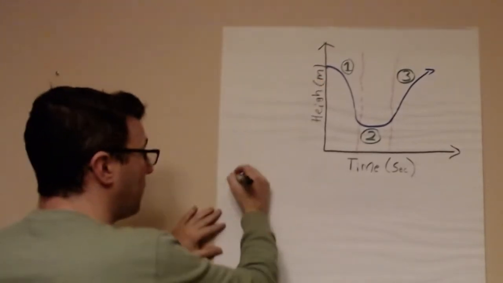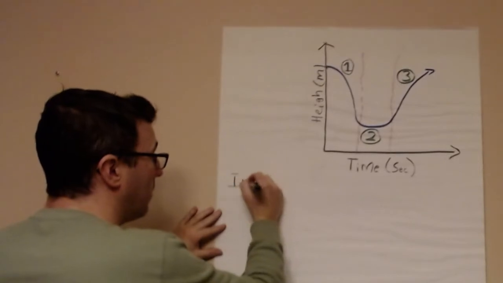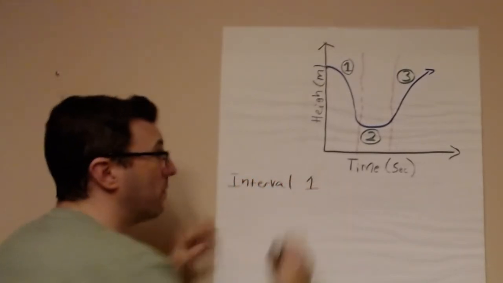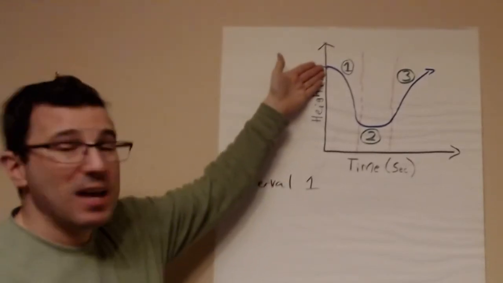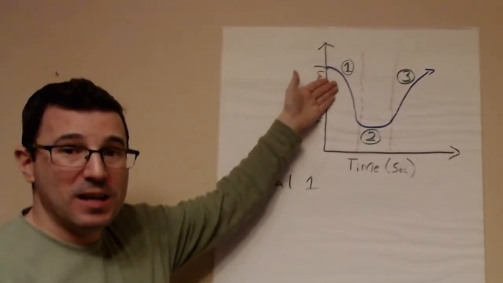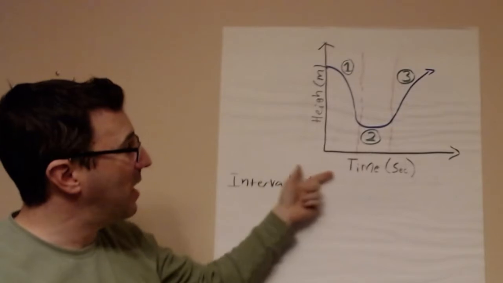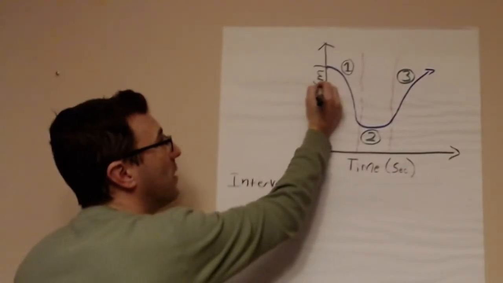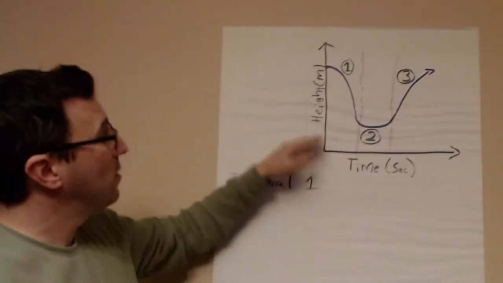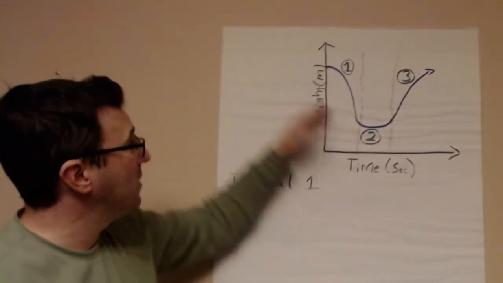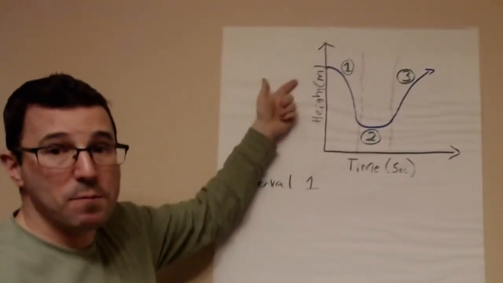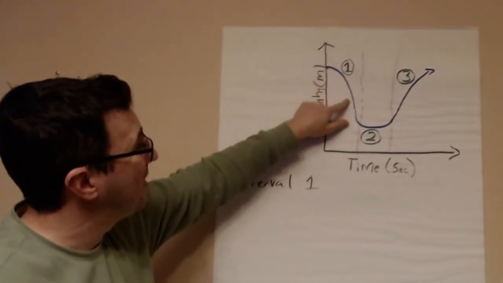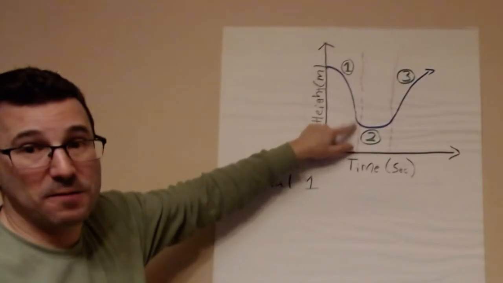So I say interval 1, and we look at the line, and we notice that as time is going, so we have time in seconds and height in meters, I notice that as time increases, the height's decreasing.